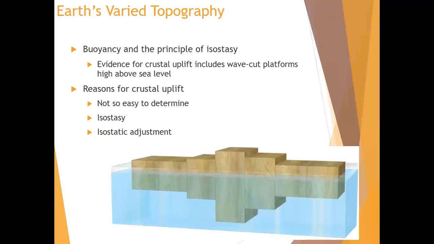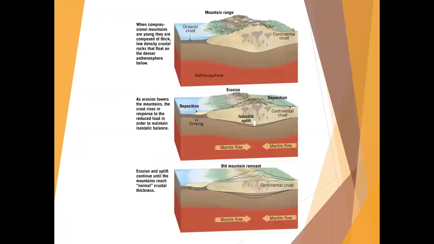The crust is going to be then moving up and down as a result of the addition and removal of weight. We see that there are then going to be some structures related to this.